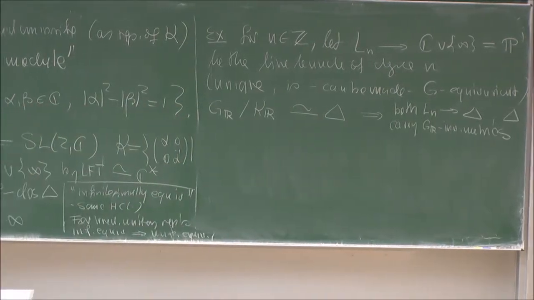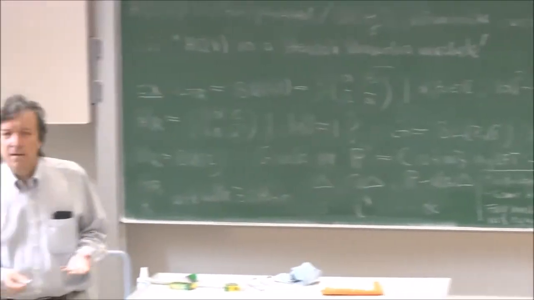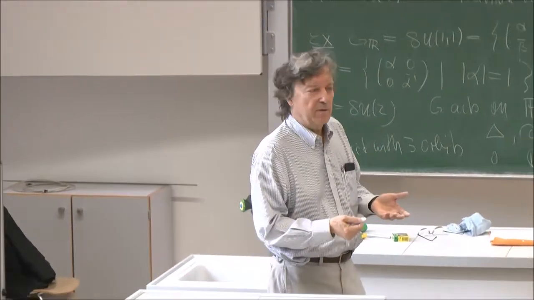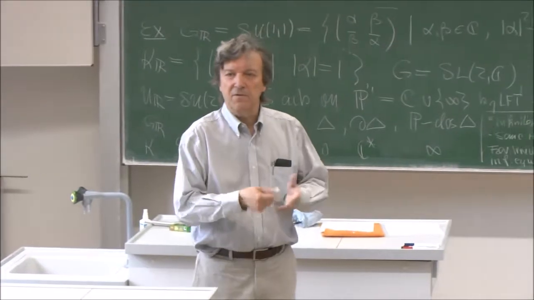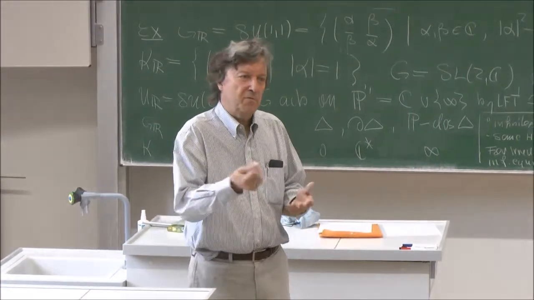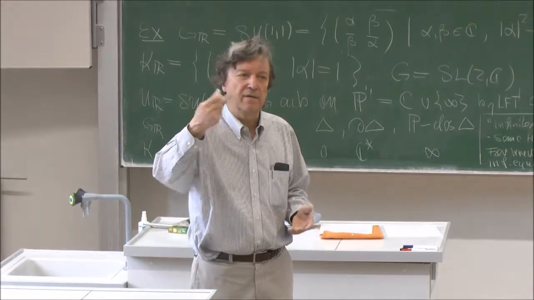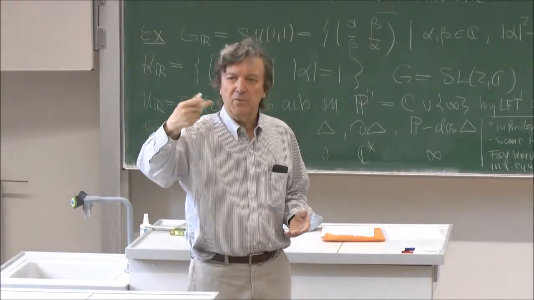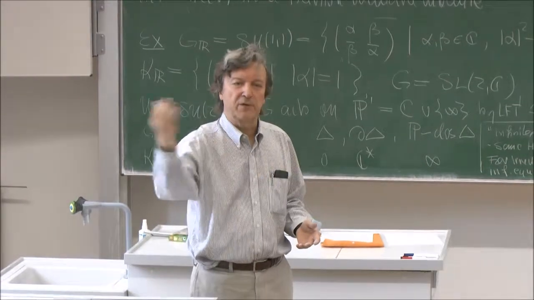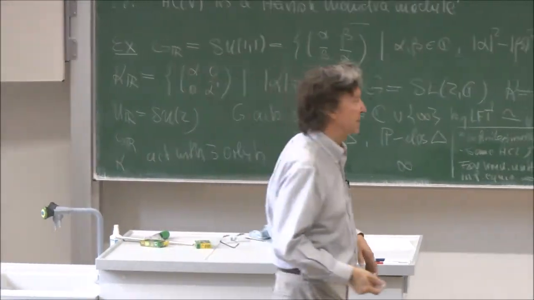Right? Because if you want to construct something G_R-invariant on a space that G_R acts on transitively, we have to construct it at a single point, and if it's invariant under the action of the isotropy group at that point, we can then transfer it around. So that's the idea.